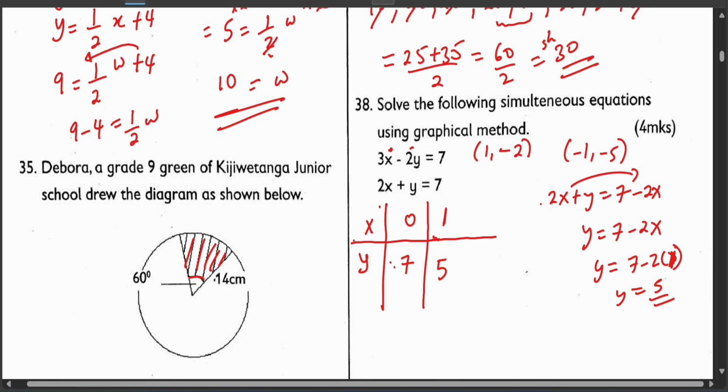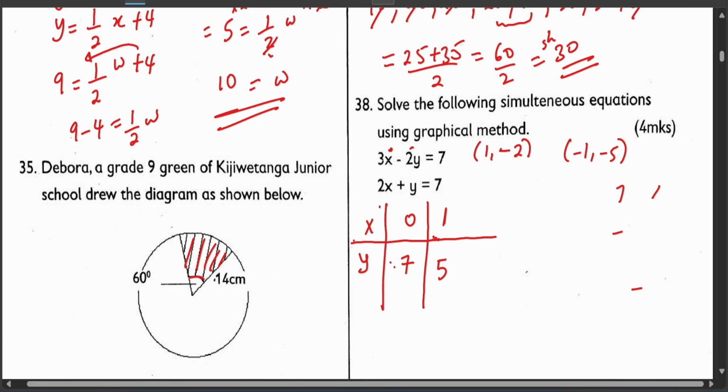So we also have the coordinates of the other equation. So it's like this: 0,7 and 1,5.